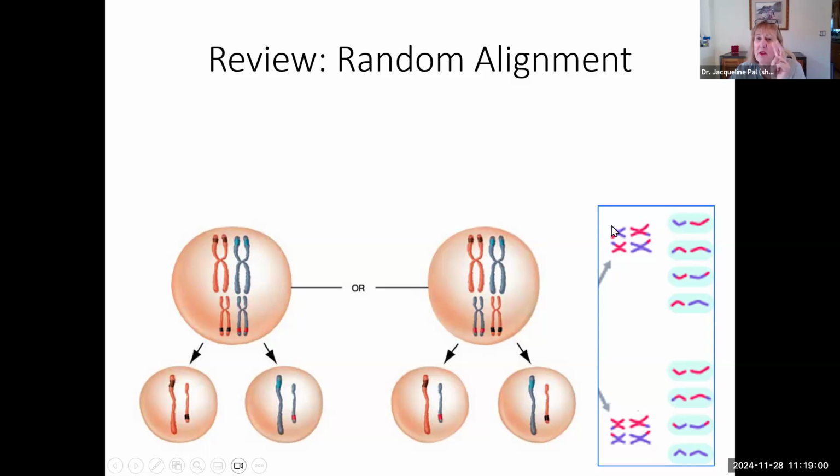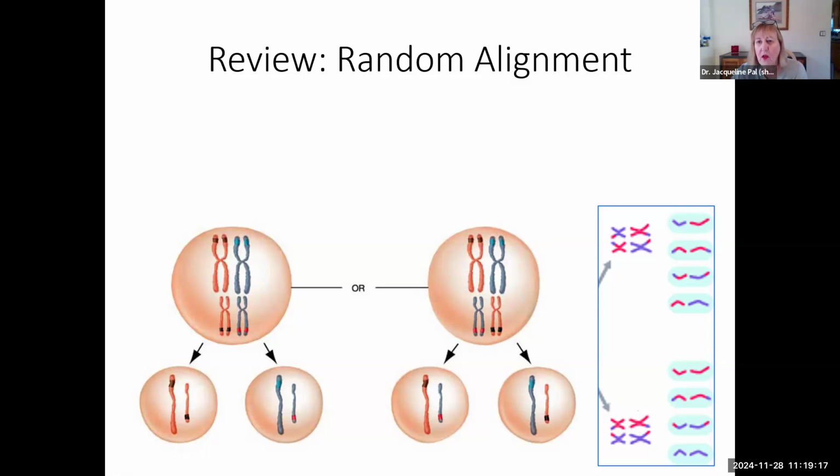Whereas this cell with only 2 chromosomes where they were not lining up moms on one side and dads on the other side, you would have 1 cell with the short mom's original and the big dad's original.